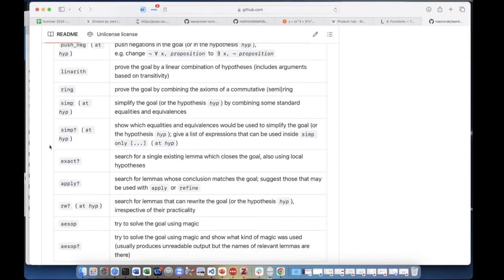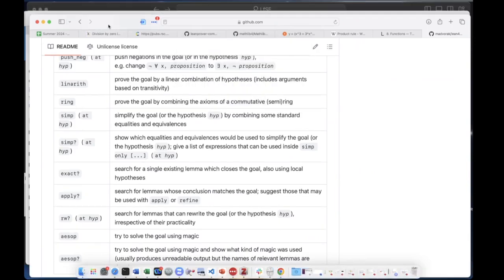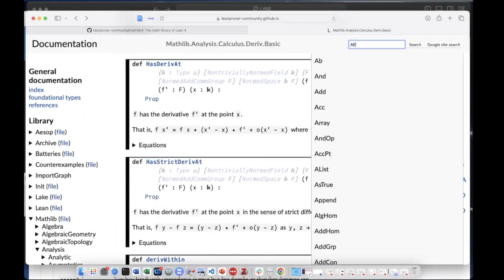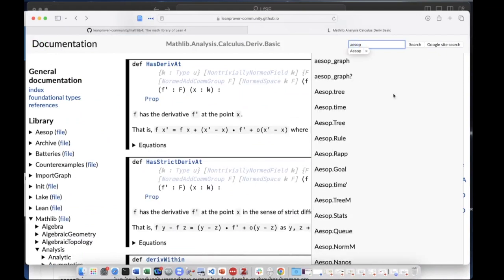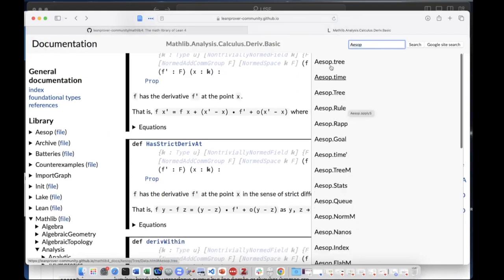I'm forgetting now. Oh, you know what we can do is we can look at, is it in MATLAB? We can look up the documentation. ASOP. There's a lot about ASOP.